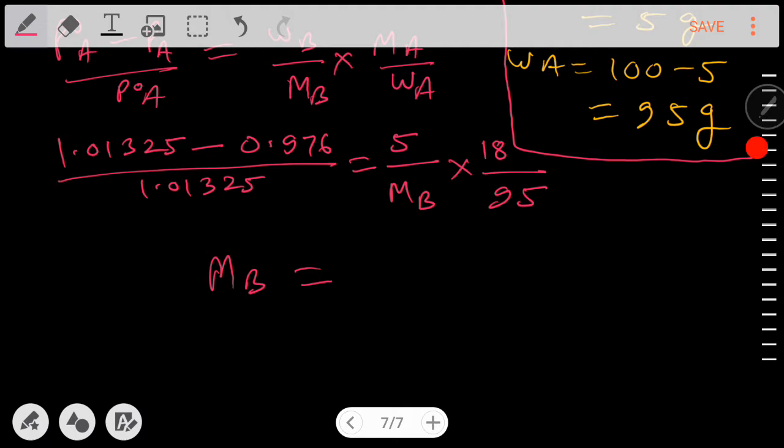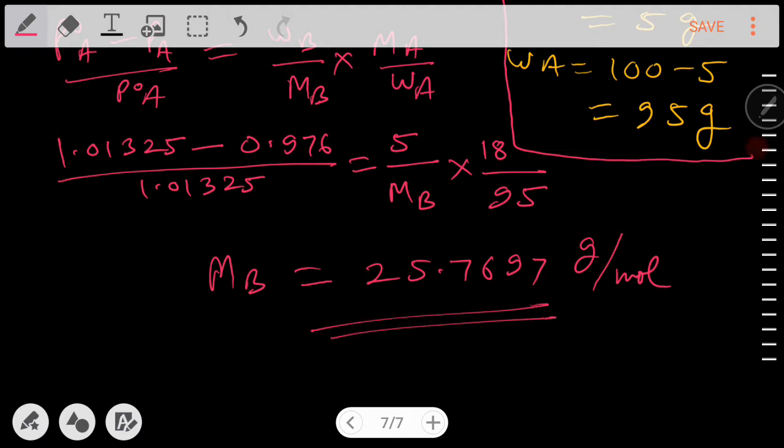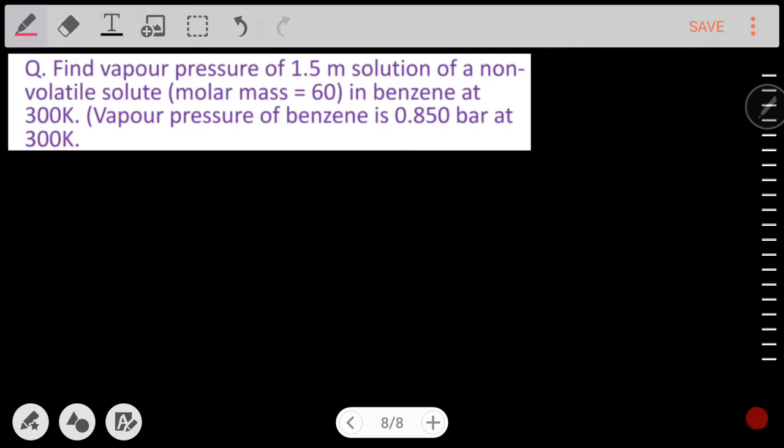So MB will be determined as 25.7697 gram per mole on solving. So the molar mass of the substance dissolved in water is 25.7697 gram per mole. This is the final answer. That's all. Now our next question.